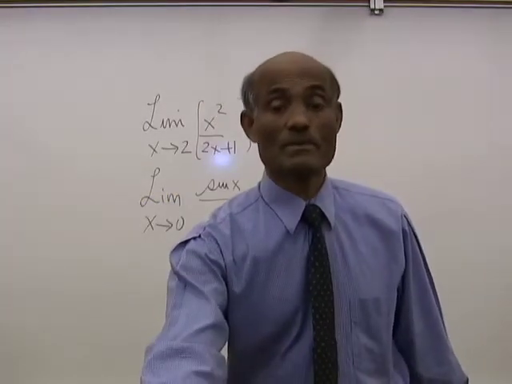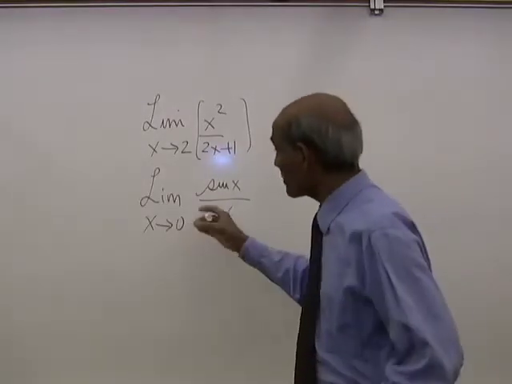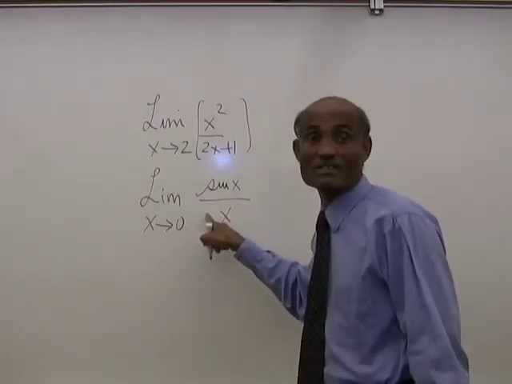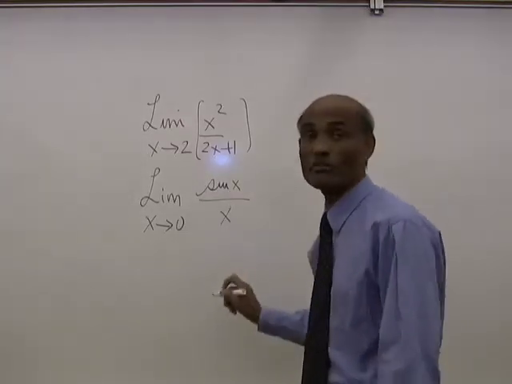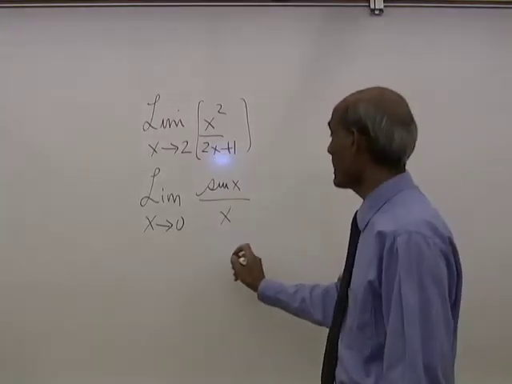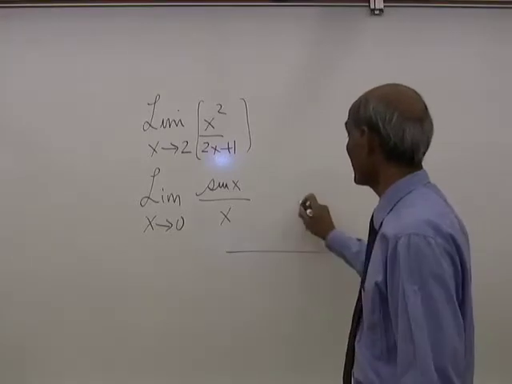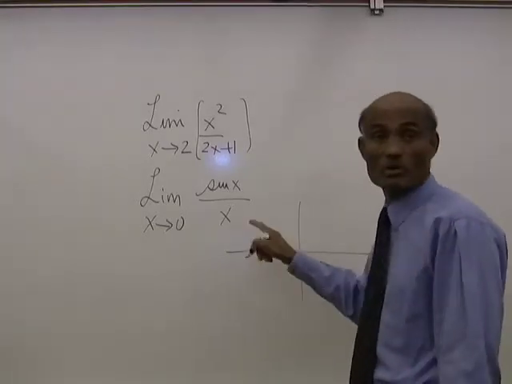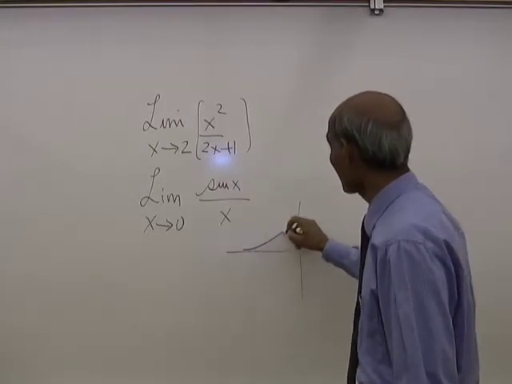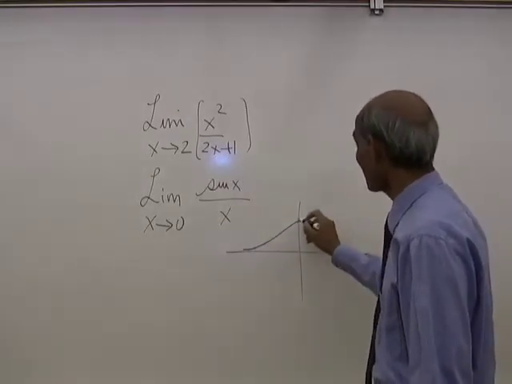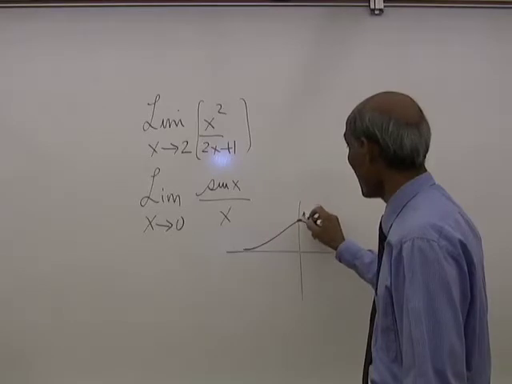Well, you know that limits of quantities like this can actually be done graphically. If you draw the graph of sine x divided by x, what kind of graph would you get? In the neighborhood of x equal to 0, the graph sort of looks like this, where this is 1.